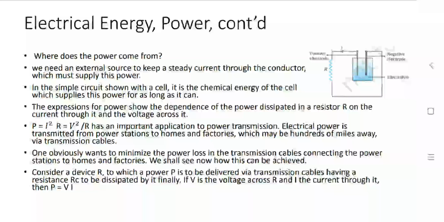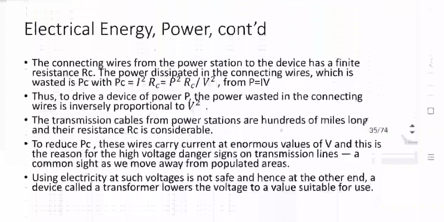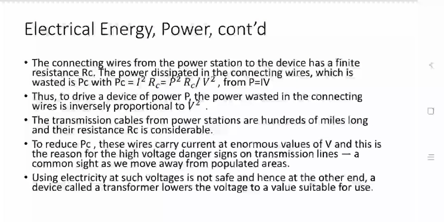P equals V into I. Through the transmission cable connecting wire from the power station to the device, we have the resistance RC, and accordingly the power dissipation is PC equals I squared RC. Since P equals I into V, can we replace I with P by V? So I squared equals P squared by V squared.